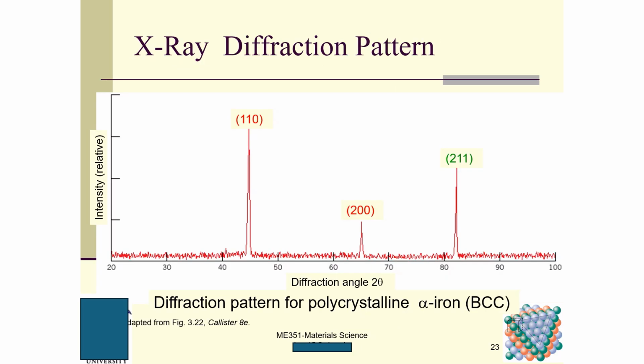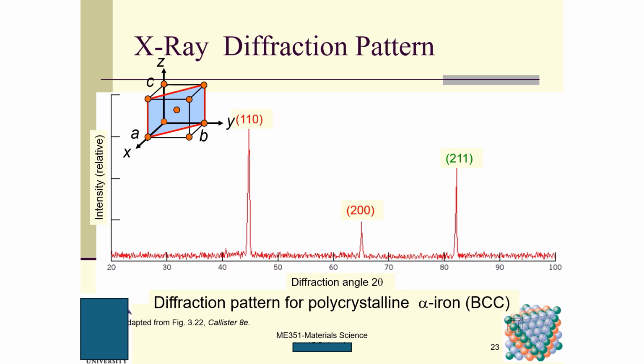So this is the X-ray diffraction pattern for different planes, for polycrystalline alpha iron, BCC. For this 110, we have this intensity, right? So this is a 200. This is a 211. They have different intensities.